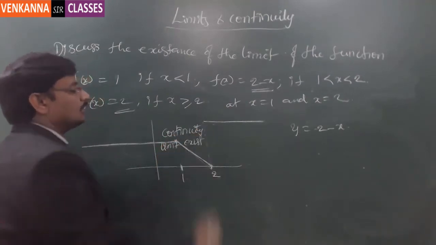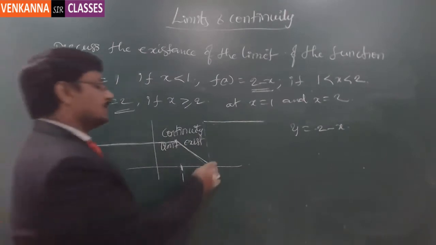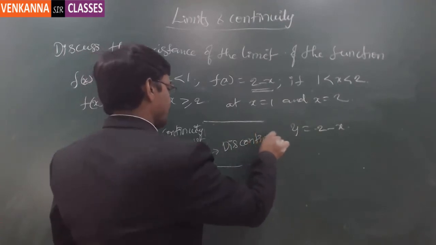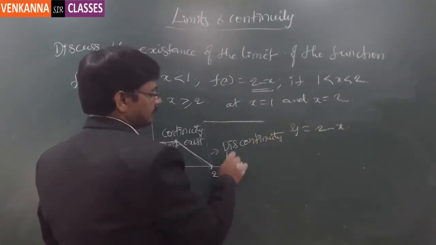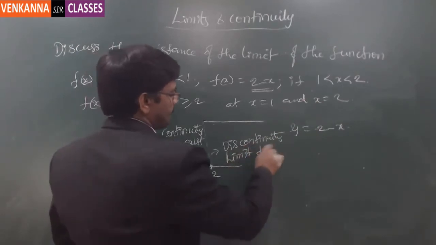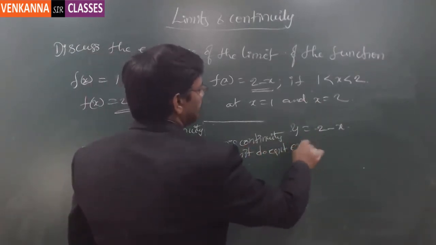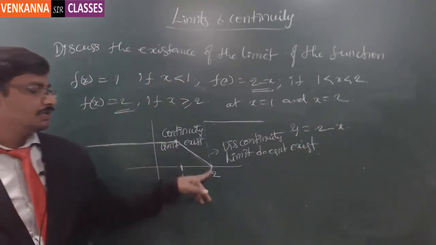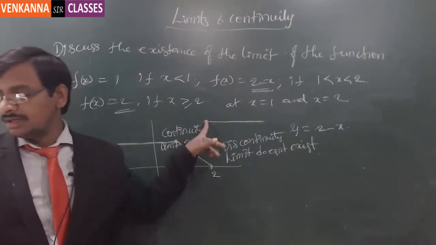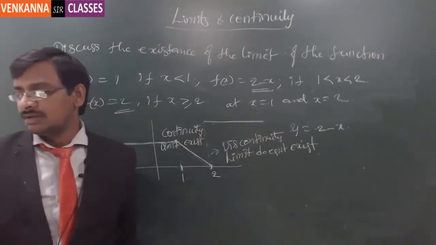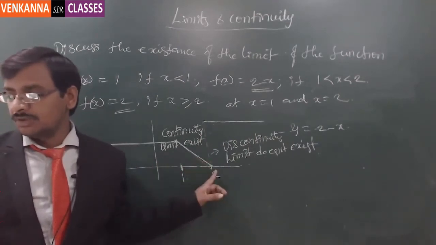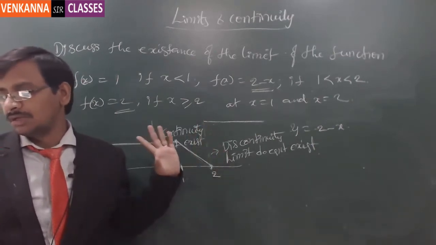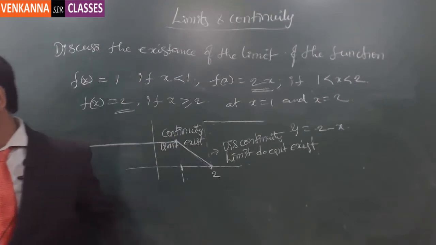If the limit exists, then only we can think of continuity. Because there is a sudden jump between the functions, right? Till this point it is linearly coming down, but suddenly it changed to 2 and it is maintaining a constant value there. So if you approach from the left side, this will be 0. If you approach from the right side, then it will be 2, obviously, right? So both the limits are not equal, hence the limit doesn't exist in this case. Clear?